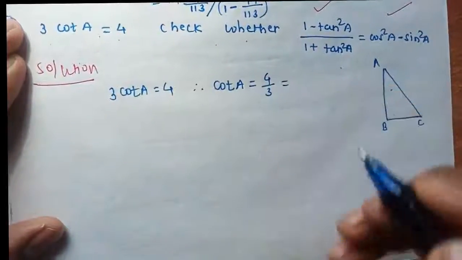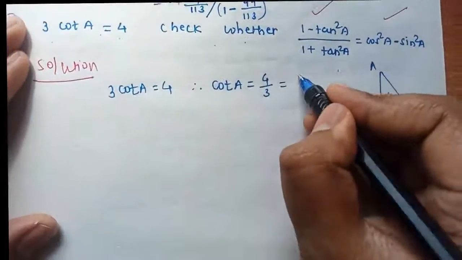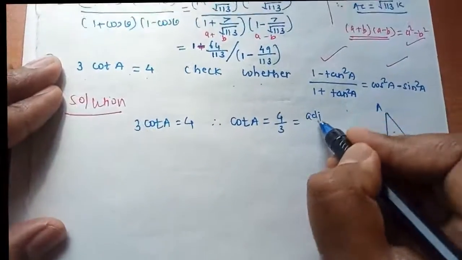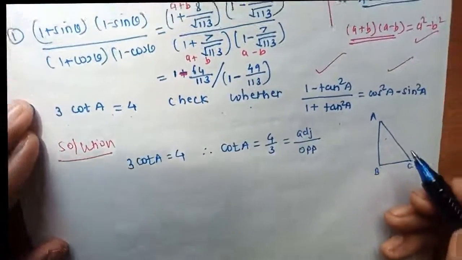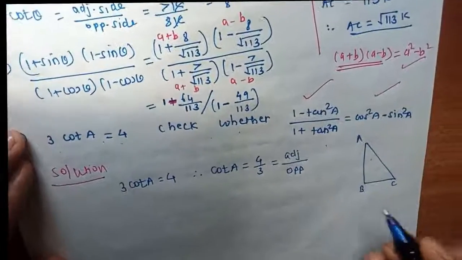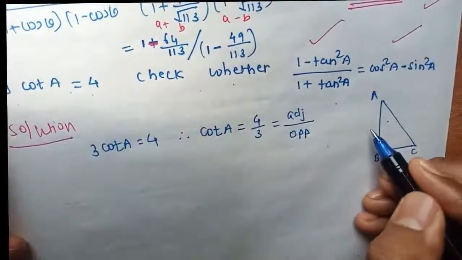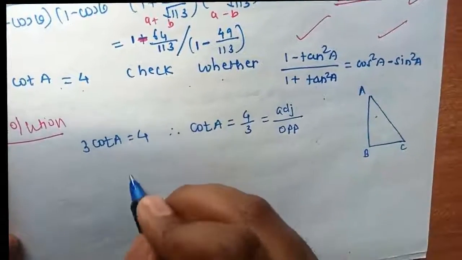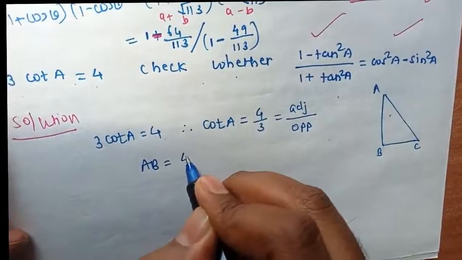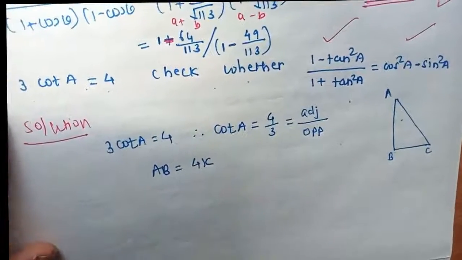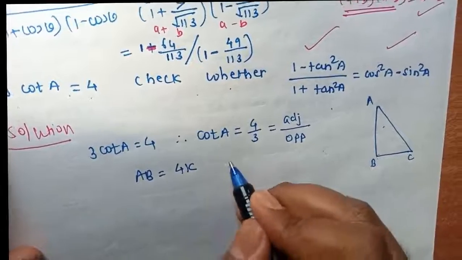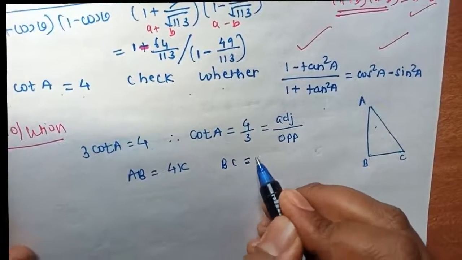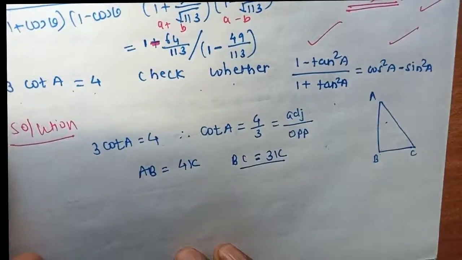So cot is nothing but adjacent upon opposite. So adjacent is 4, which means AB is adjacent. So AB is equal to 4K, since we are writing in multiples of a constant. And your opposite side is BC. BC is equal to 3K.